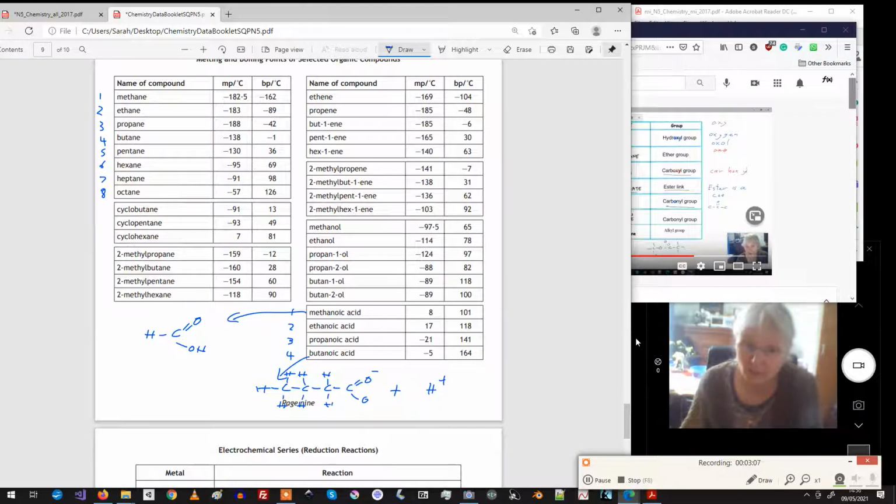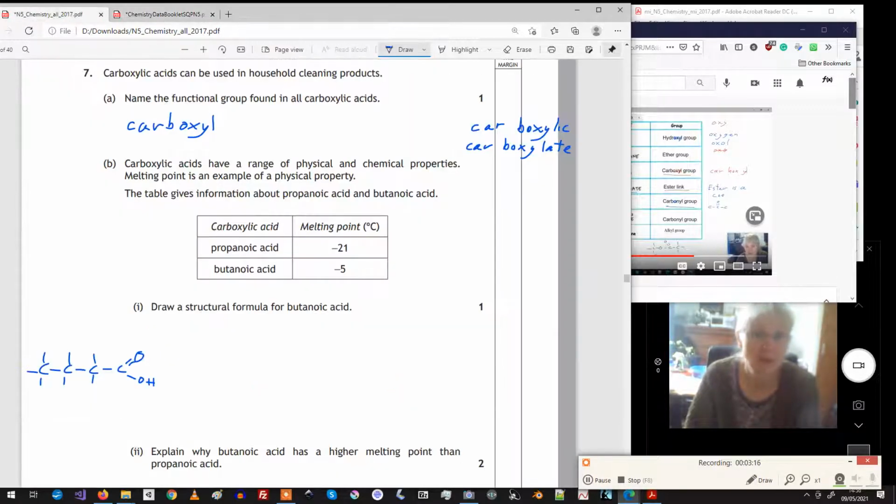And that carboxylate ion with the hydrogen missing, you remember that with carboxylate. So what's it saying here? Name the functional group found in all carboxylic acids. Carboxyl.